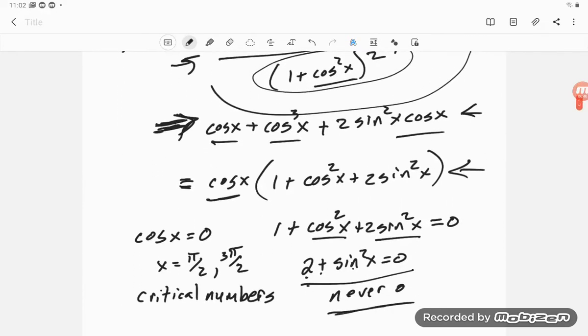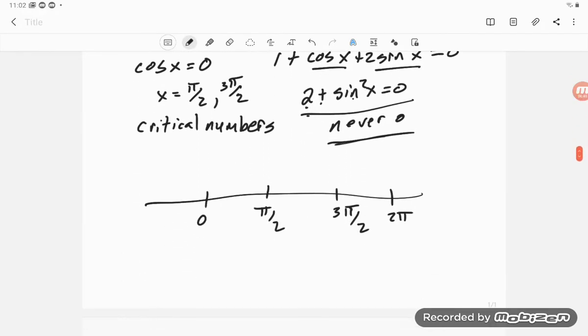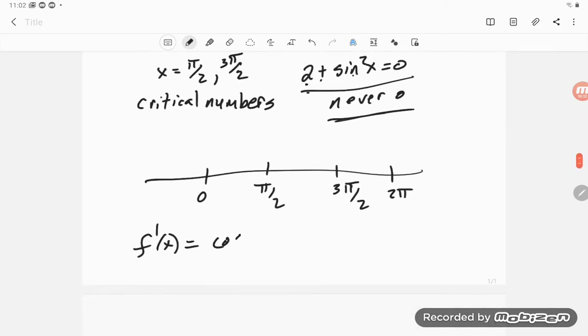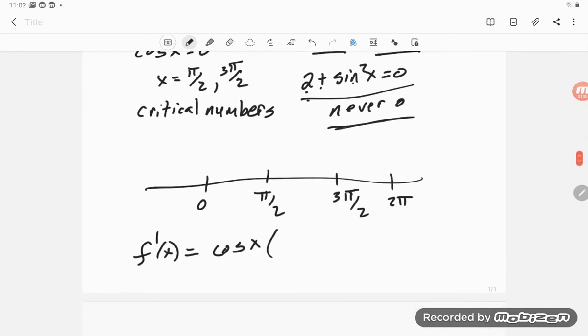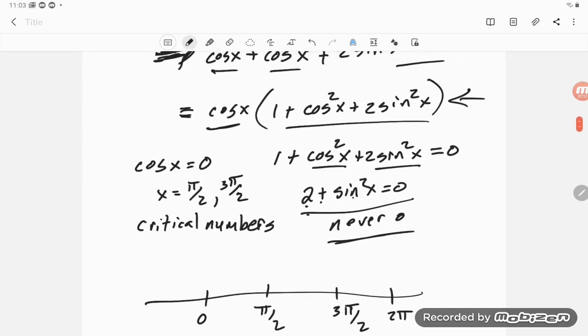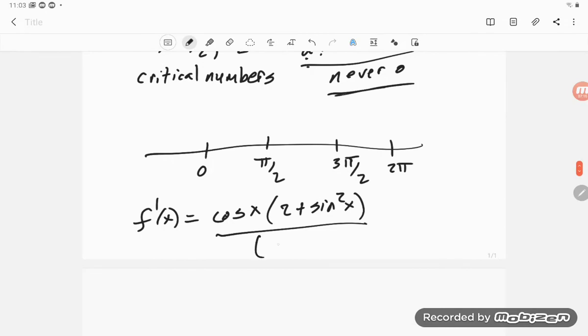And so let me rewrite the f prime though. So, f prime of x is the cosine of x times, and remember, I simplified that to be 2 plus sine squared x, and then over something that's squared.